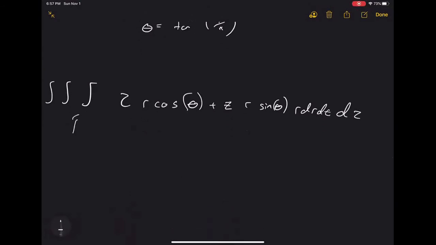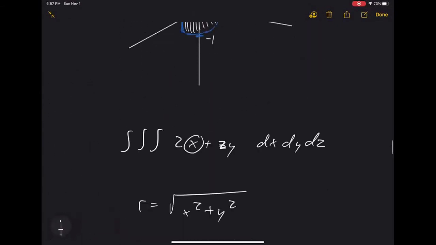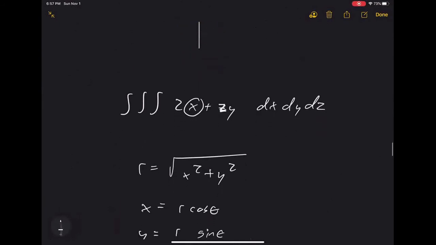Now I just need to figure out what my bounds are. I don't expect much difficulty just integrating this thing. The hard part is going to be figuring out the bounds. Now, I never wrote down my Cartesian bounds for x, y, and z, so it's not just a matter of converting.